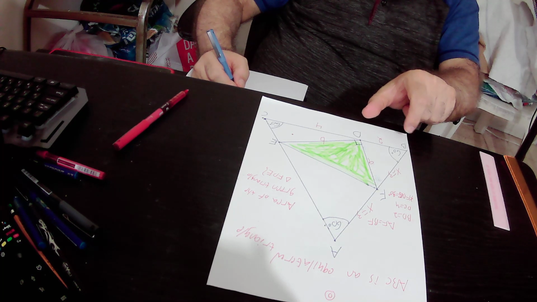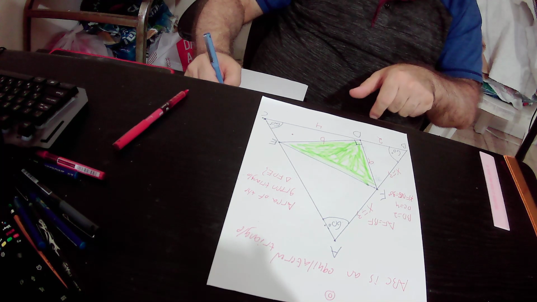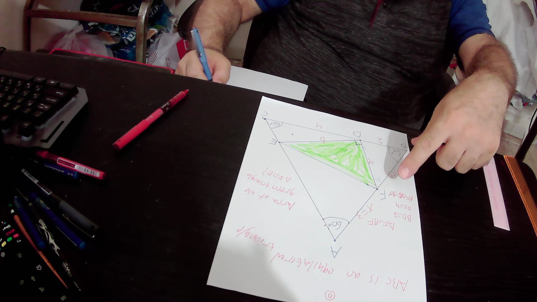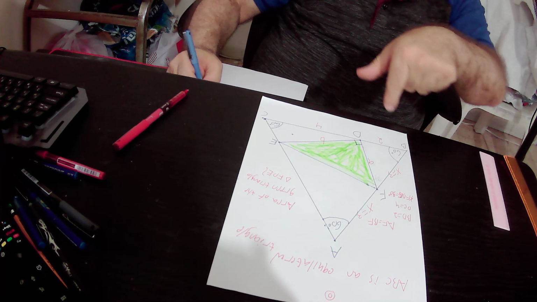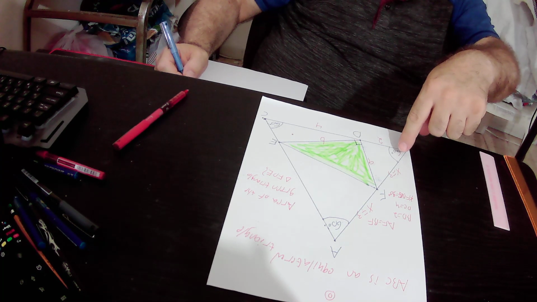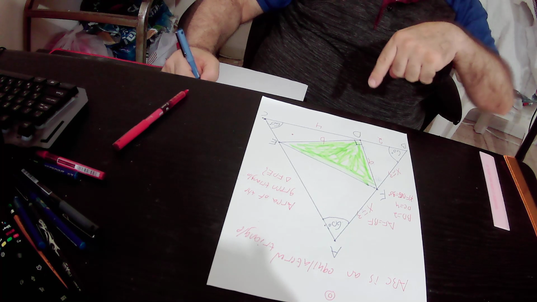The value of BD is 2, so BD square is 2 square, which is 4, minus 2 times BF, which is 3, times BD, which is 2, times cosinus 60 degrees. Cosinus 60 degrees is 1 over 2.